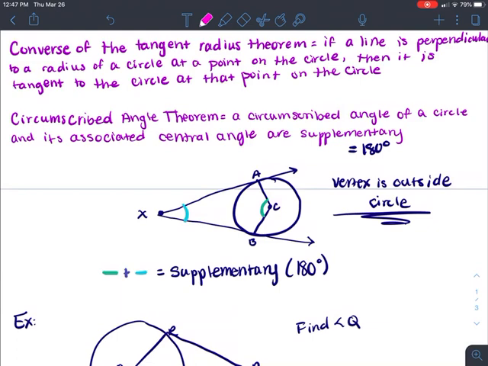Now, there's something else really important that you need to know about this. Here in pink, I'm going to draw that line XA and line XB are congruent to each other. Remember that congruent means equal.